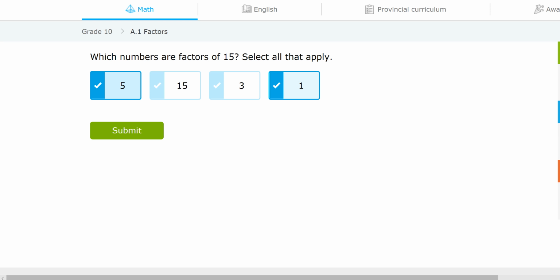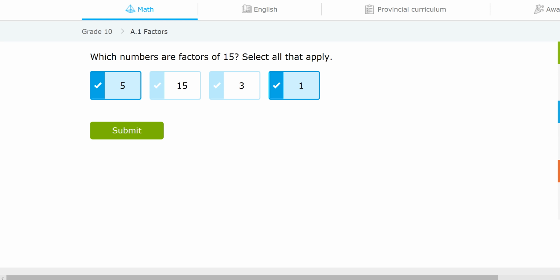Always, yeah. Trivial one. How about 15 and 3 itself? 15 itself and 3. 3, 6, 9, 12. Nope, it doesn't look like 3. 3 is, because 5 times 3.